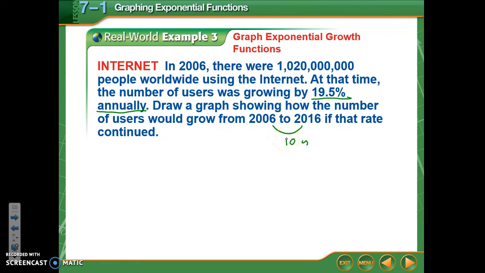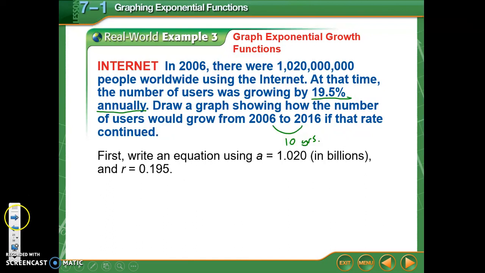So here, 10 years are passing if that rate continues. So we're going to plug into our formula. Remember our formula is A of t equals a times the quantity 1 plus r to the t. So A, our starting amount, notice here that instead of writing out 1,020,000,000, they're changing it into a decimal.